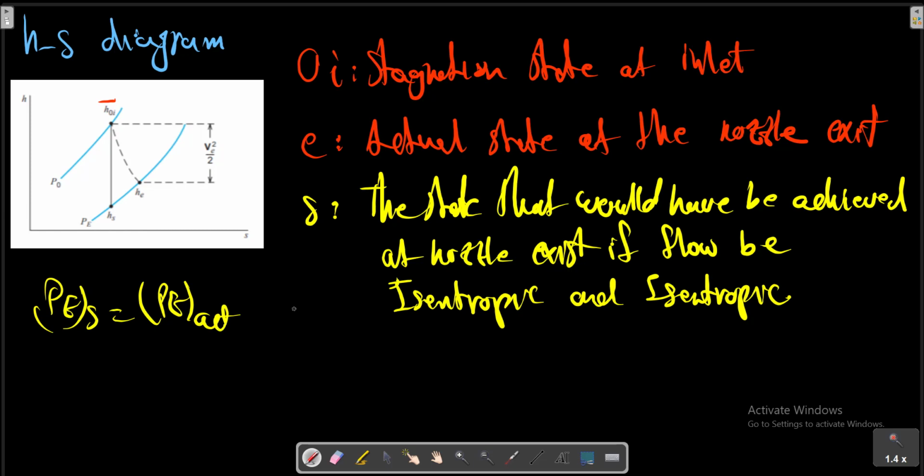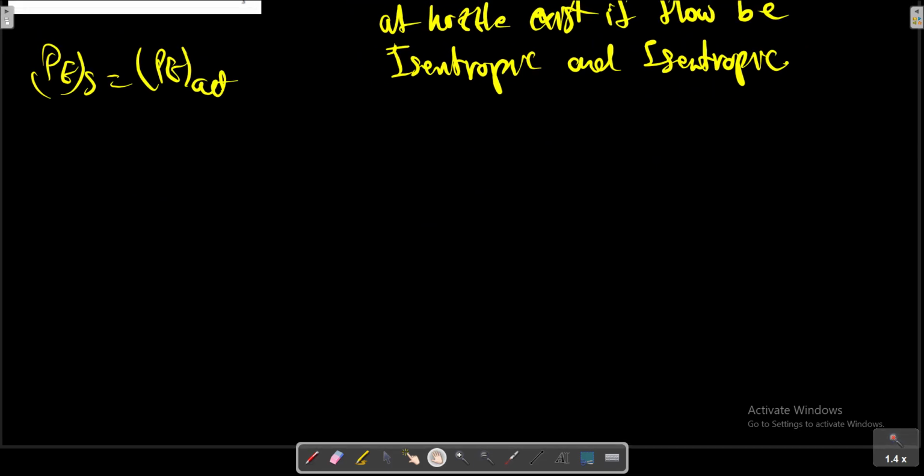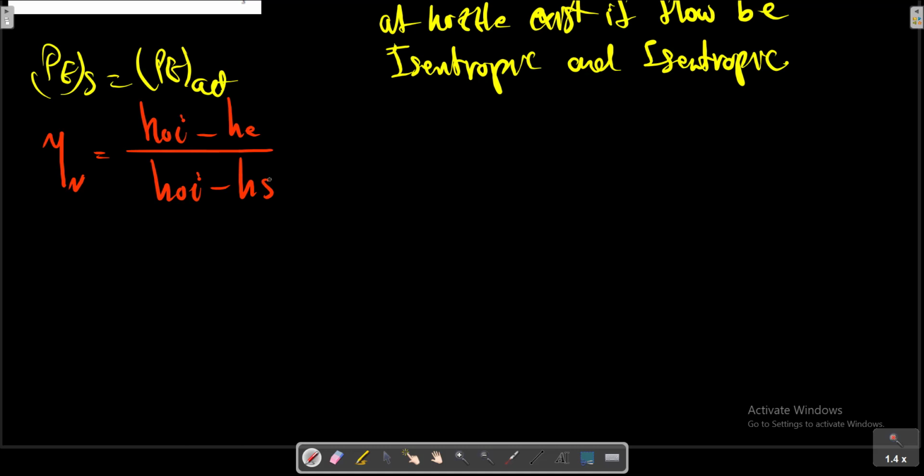In terms of these states, the nozzle efficiency eta n equals (h0i minus hE) over (h0i minus hS).